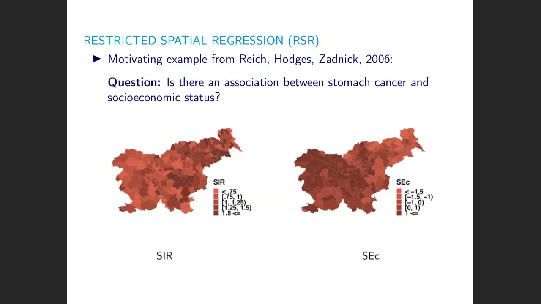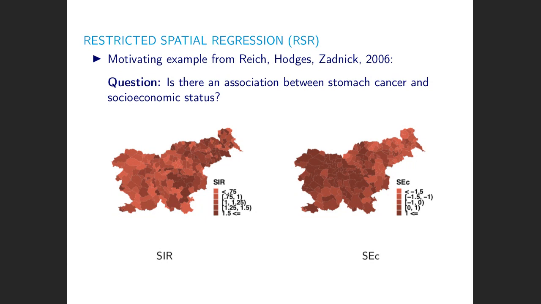Okay, so just to further set up this problem, borrowing the motivating example from the Reich et al. paper, they looked at a data set from Slovenia. In particular, they have districts that partition the country of Slovenia, and they were looking at the association between stomach cancer, so this is the standardized incidence ratio of stomach cancer, and socioeconomic status in each of these regions.